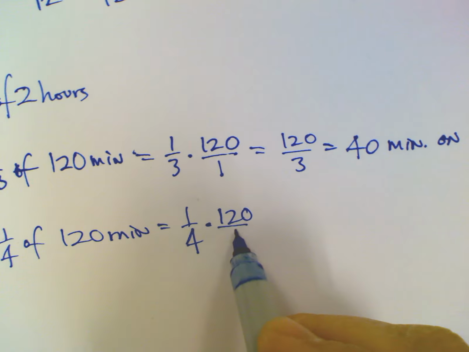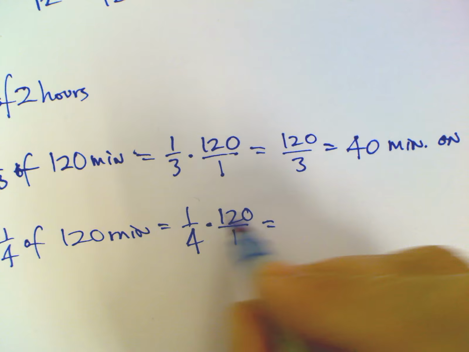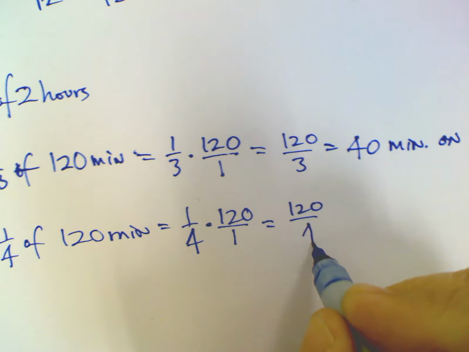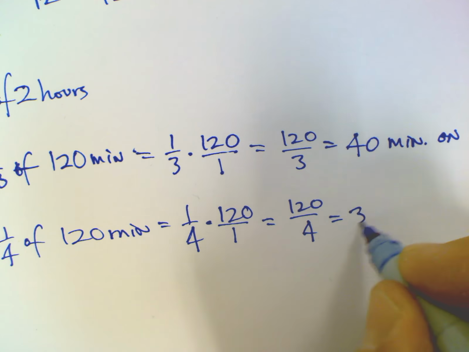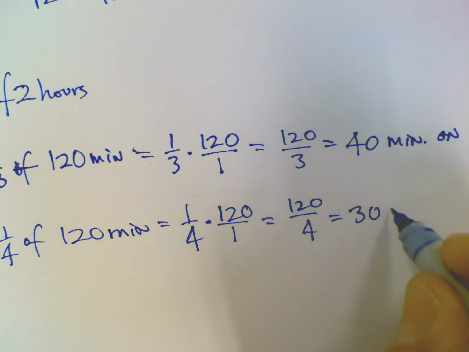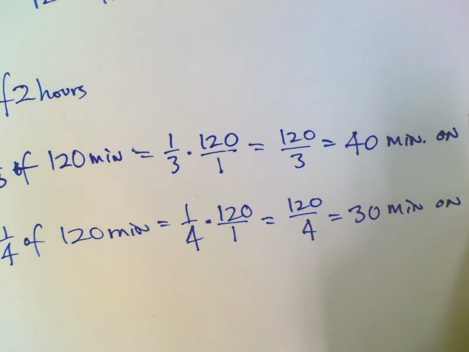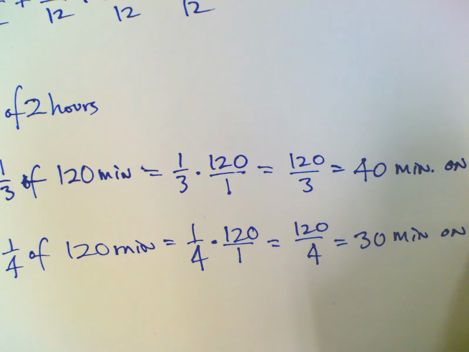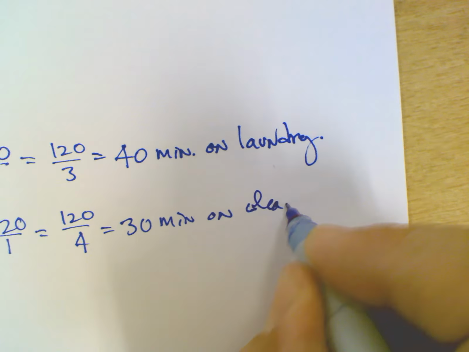Take that 120, put it over 1. Multiply straight across, 120 over 4. Do the division, 120 divided by 4 is 30. So 30 minutes was spent on cleaning.